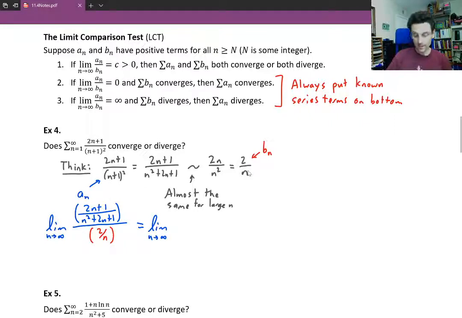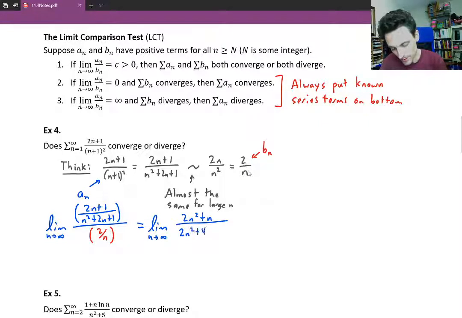Well, as a first step, instead of dividing by 2 over n, we can multiply by n over 2. That would distribute to the top, and the 2 would distribute on the bottom. Then this is like an infinity over infinity situation.